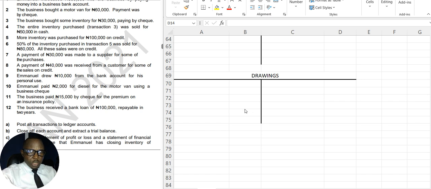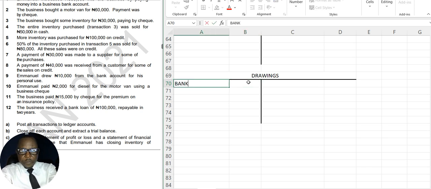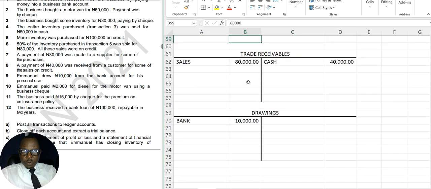So Emmanuel drew 10,000 from the bank. So like I said, that's from the bank, right? So bank is the one giving. Bank is giving out to you drawings, because this drawings is representing the owner of the business. That's 10,000. All right, so go to bank so that you don't forget.